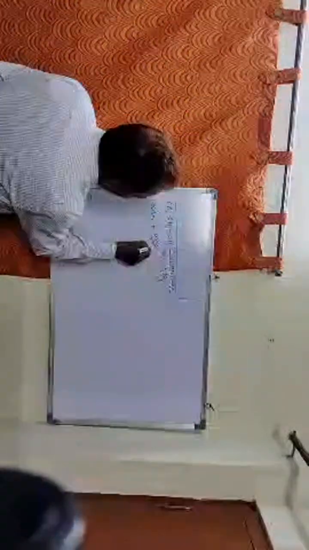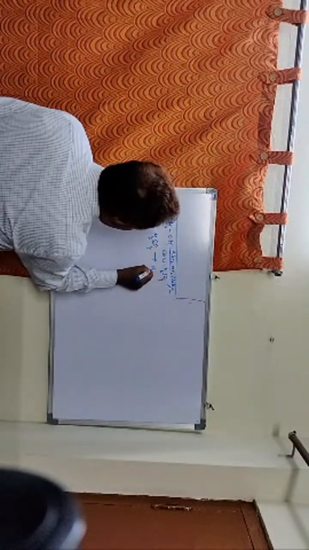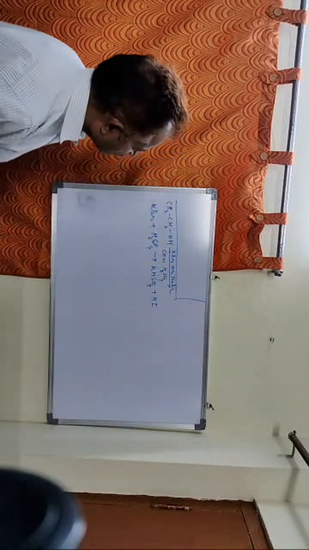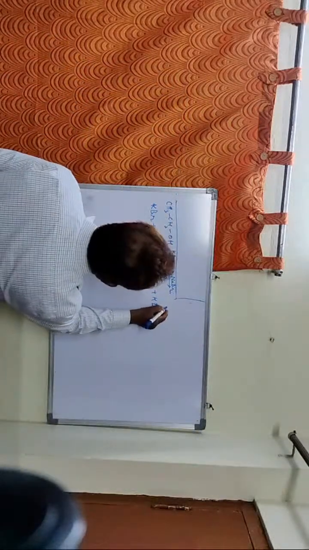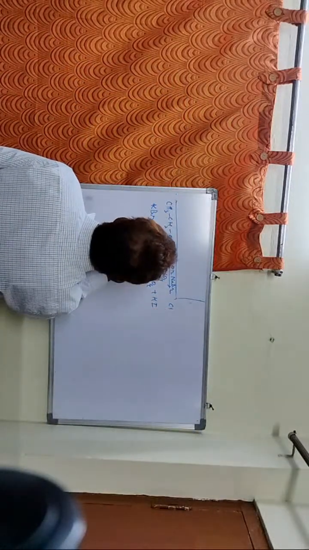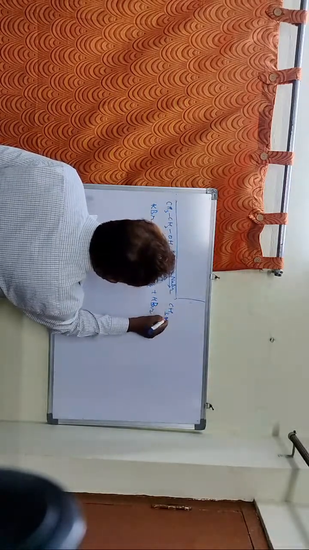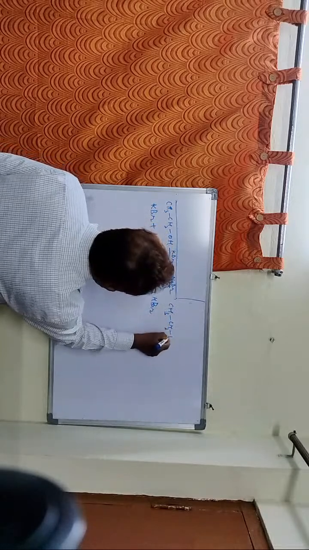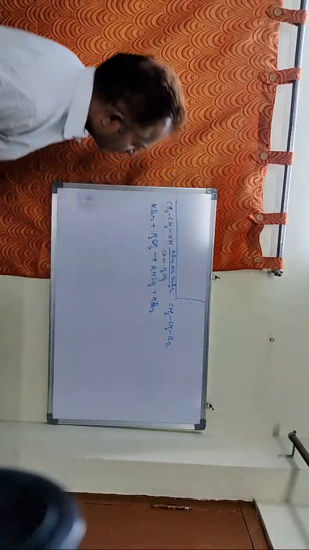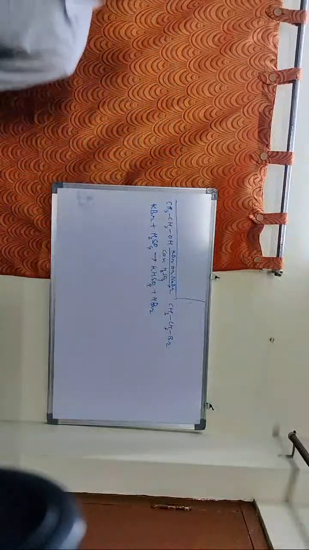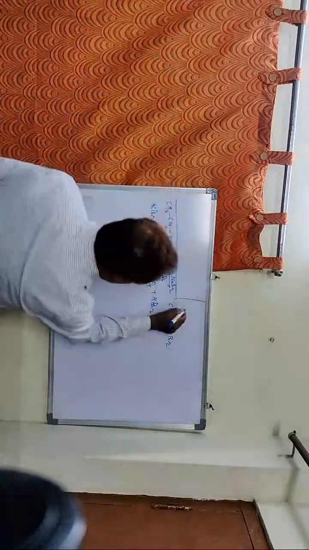KBr plus H2SO4 gives KHSO4 plus HBr. So this HBr reacts with the alcohol, and we get CH3CH2Br.